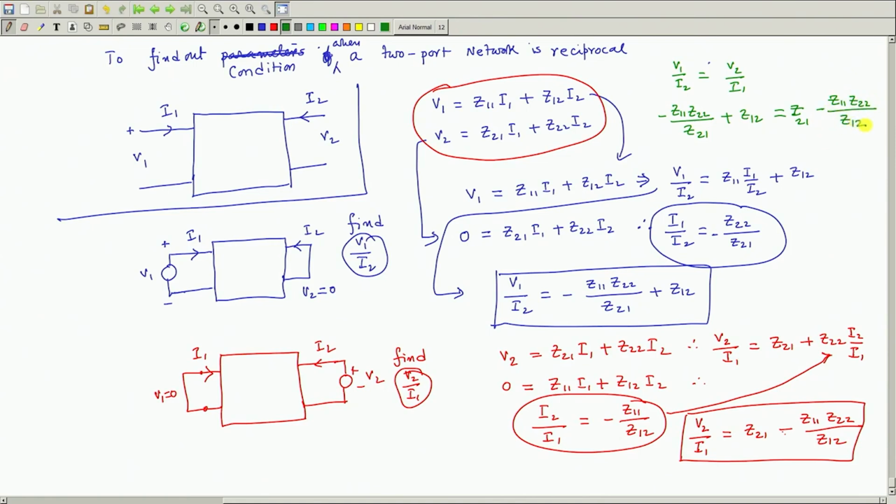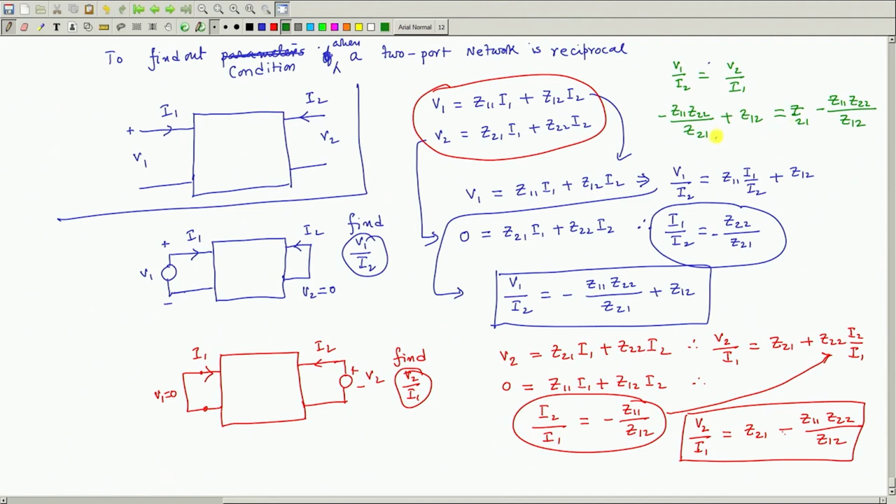It will be like this. Therefore, from this we can conclude that these two will be true if Z 1 2 is equal to Z 2 1.